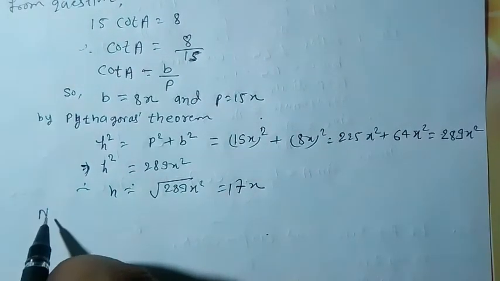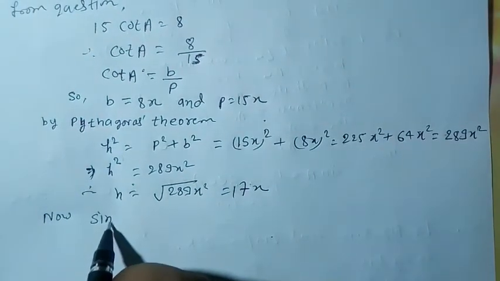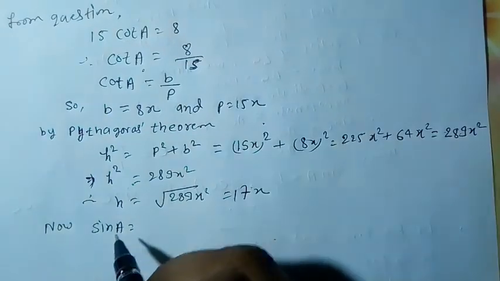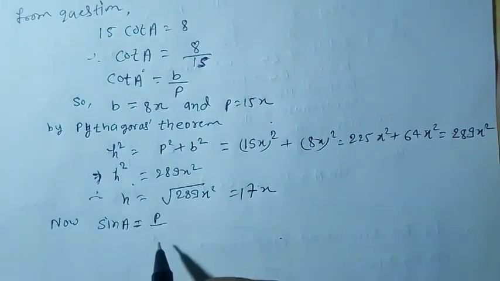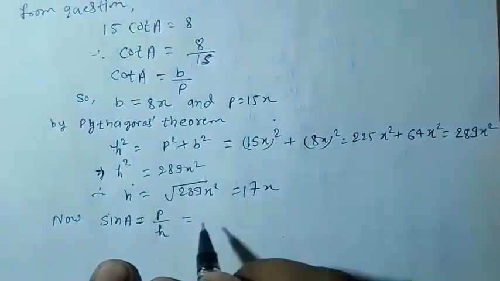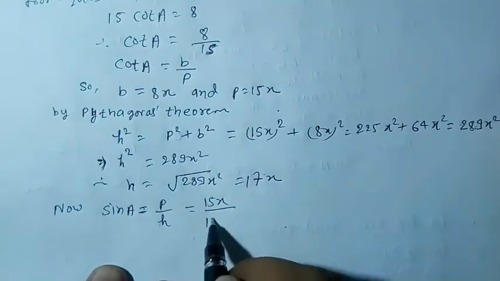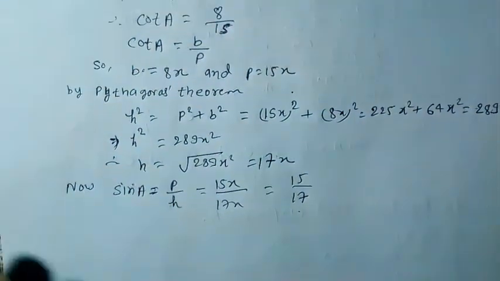Now, sin A is equal to perpendicular by hypotenuse. Perpendicular is 15x and hypotenuse is 17x, so it is 15 by 17.